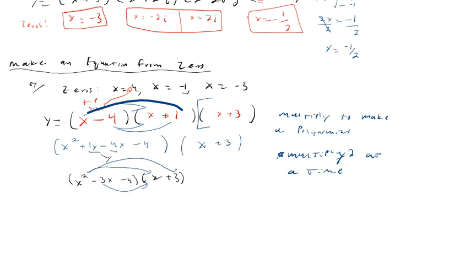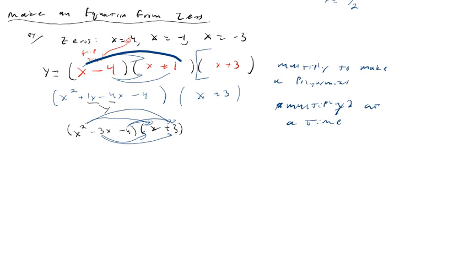What am I going to end up with? X squared times x is x cubed. X squared times 3 is plus 3x squared. So that's the x squared piece. Let's do my negative 3x. Negative 3x times x is negative 3x squared. Negative 3x times 3 is negative 9x.